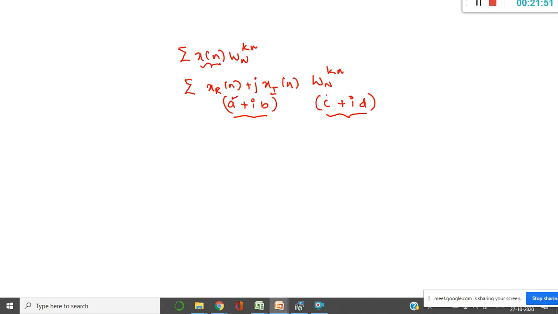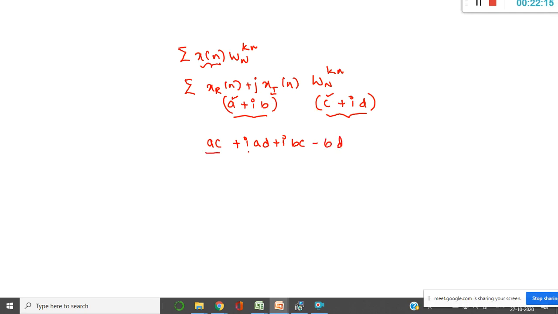If you observe carefully, a into c is one real number, and a into d is one imaginary number. a into c is done, a into d is done, b into c, and i into i is i square, that is minus bd.